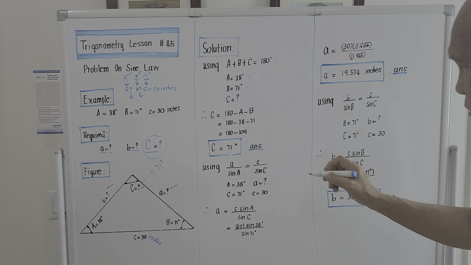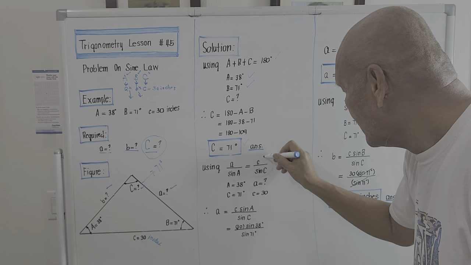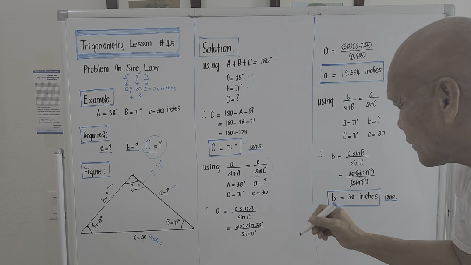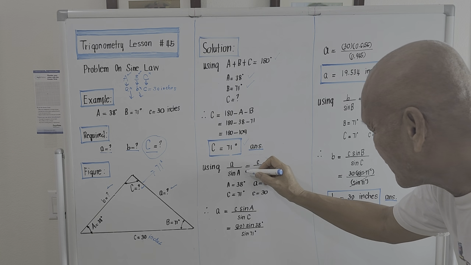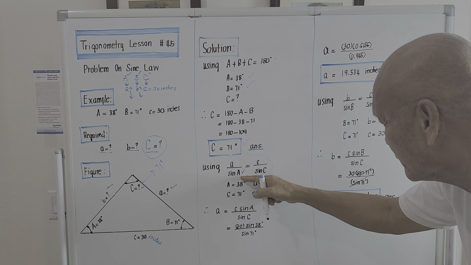Then take note of what is given. By using this sine law equation, we are given angle A, so we could take the sine value of that one.